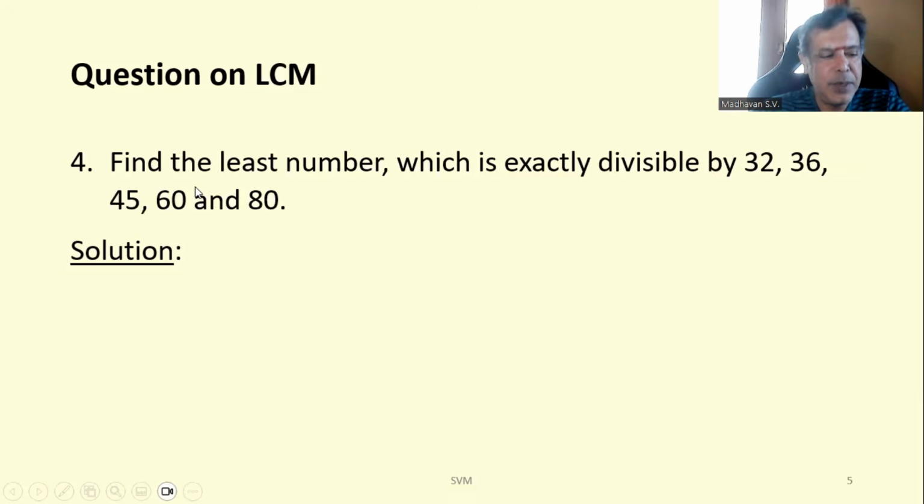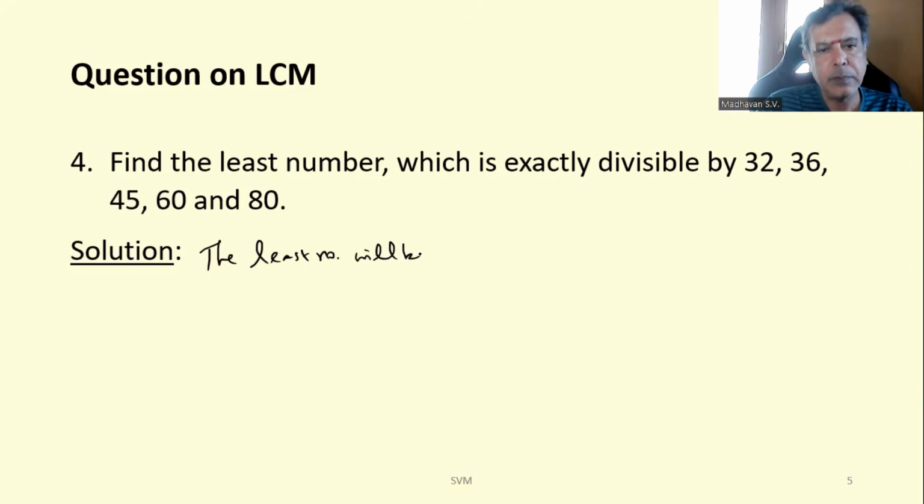Find the least number which is exactly divisible by 32, 36, 45, 60 and 80. The least number will be the LCM of 32, 36, 45, 60, and 80.